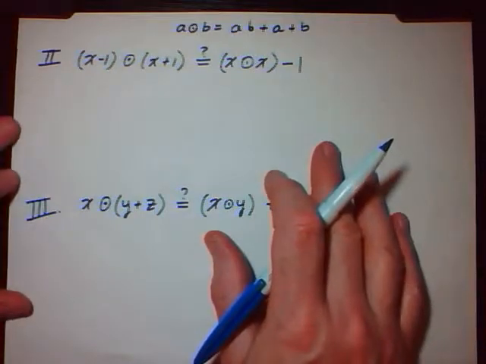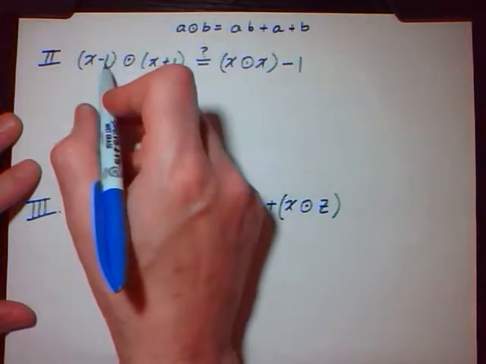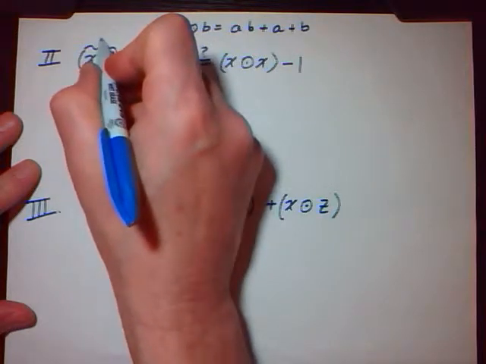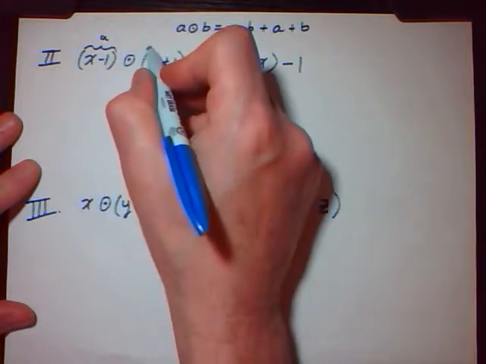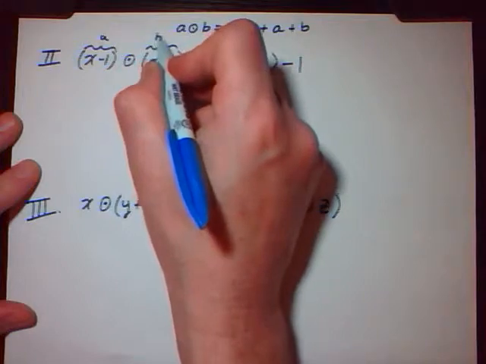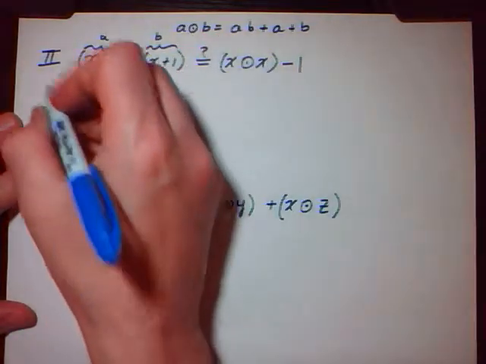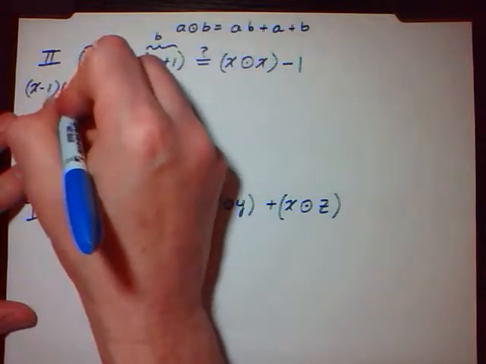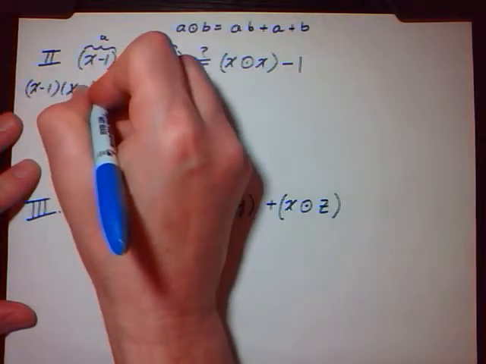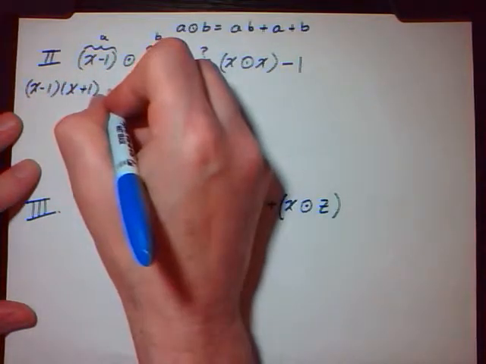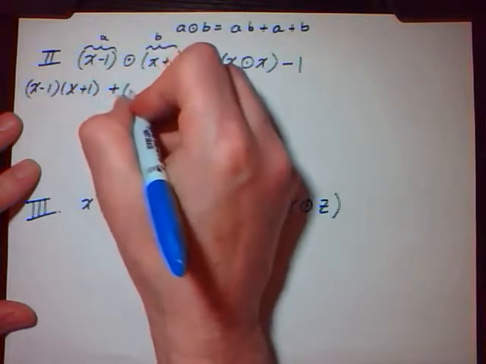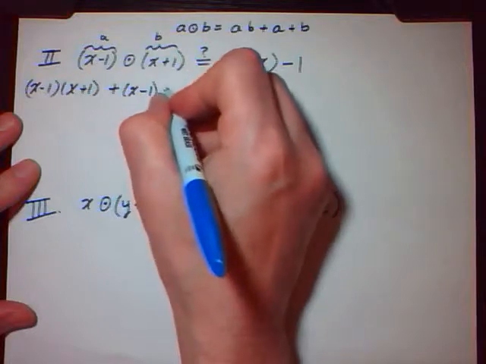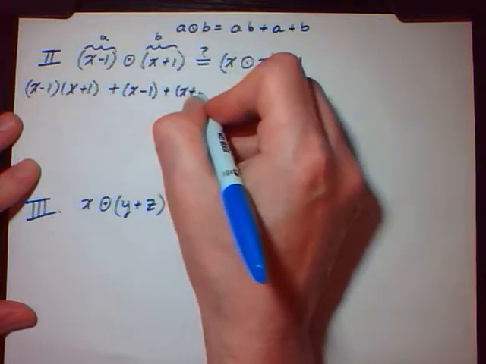So again, just doing the same thing we did before, substituting x minus 1 for a and x plus 1 for b. First the product, x minus 1 times x plus 1, plus the first number, and then plus the second number.